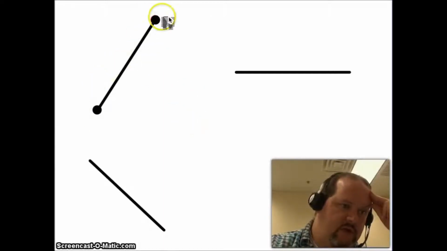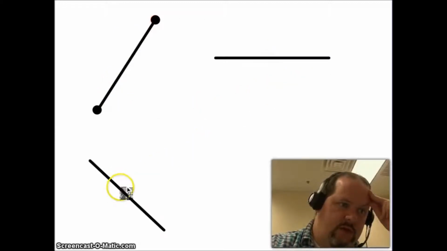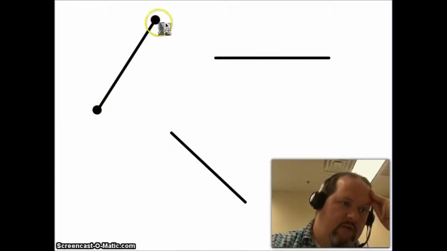Now this is legitimate. But even if you see something like this, even though you don't have those points showing, you can assume, because I'm teaching you right now, that there are points on the end of these segments.